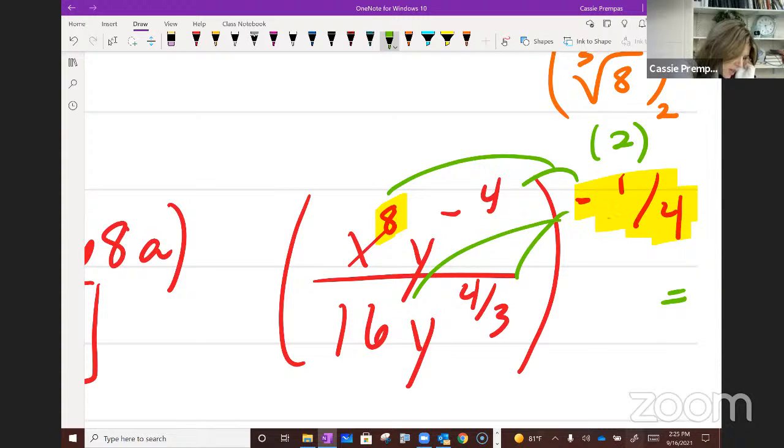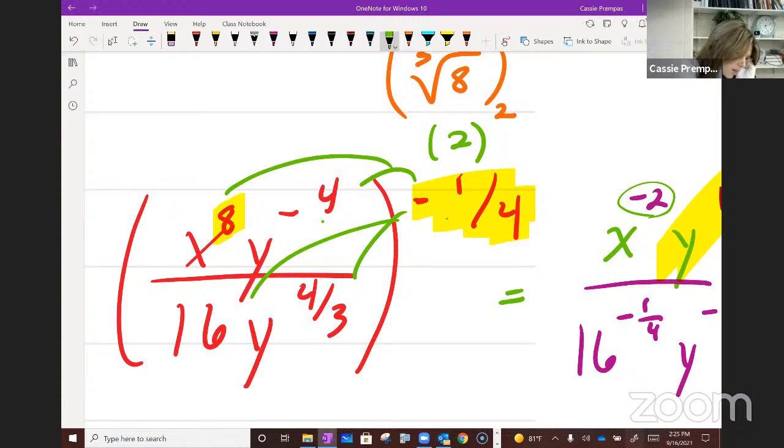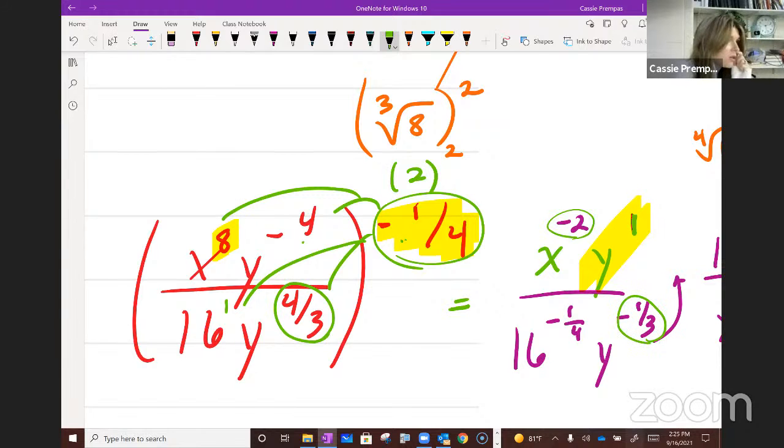So 8 times -1/4 will give you -2. -4 times -1/4 will give you +1. 16 to the -1/4, you could think of that as 16 to the first. 1 times -1/4 gives you -1/4. 4/3 times -1/4 will give you -4/12, which is actually -1/3.